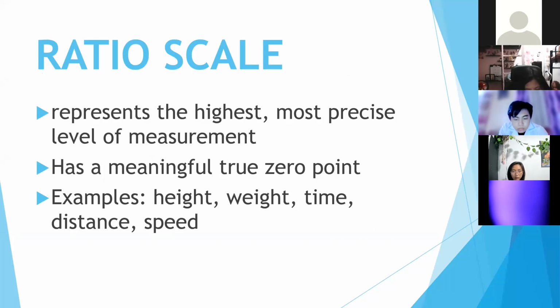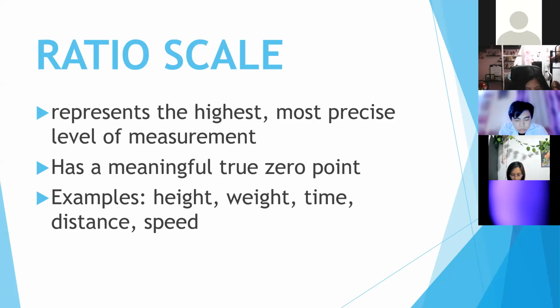Okay? So si ratio, ganun pa rin. Merong successive intervals between data. Continuous yung data natin. And they are also real numbers. Actually, they are the highest and most precise na level of measurement. And ang kaibahan lang nila ni interval scale, meron itong meaningful true zero point.